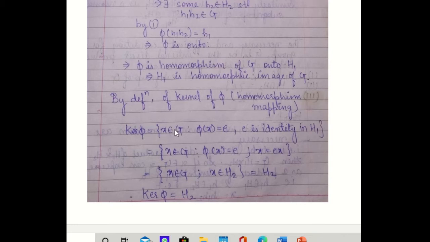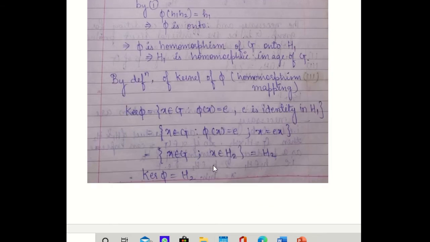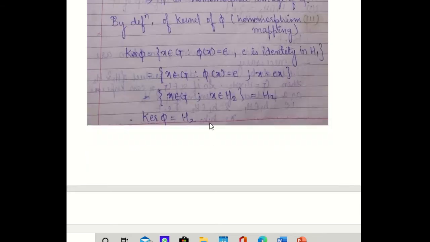Those elements of G, that is x, which are mapped onto the identity element of H1. So phi of x is equal to e. So x belongs to G implies phi of x equal to e, x equal to e x. So x belongs to H2. So this implies kernel of phi is H2.